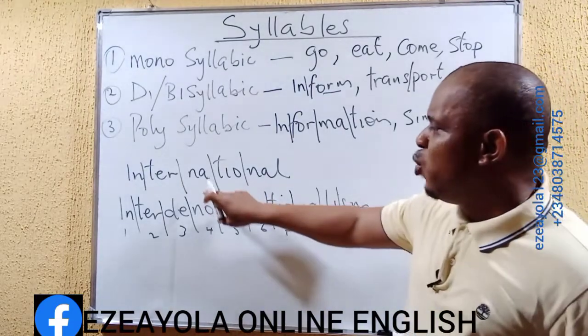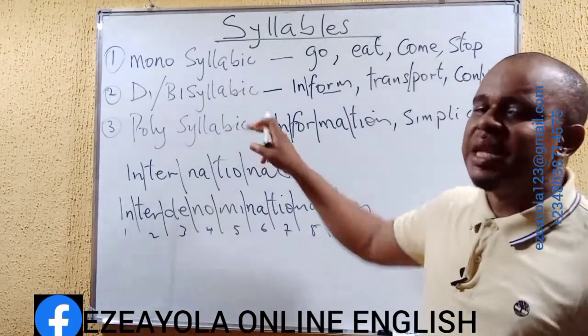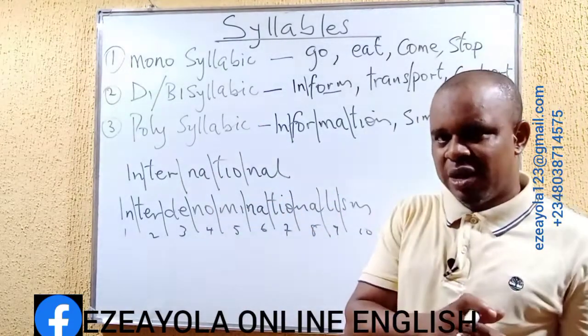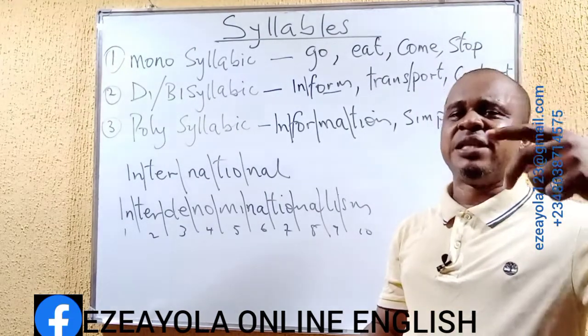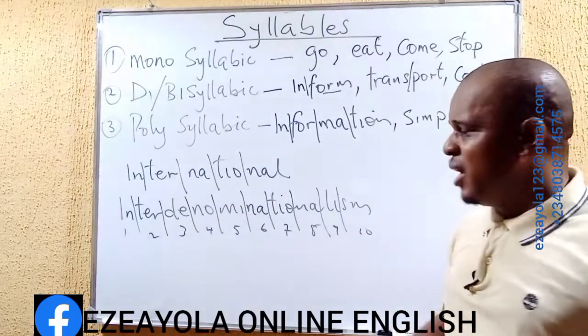So that's why we need to understand that the polysyllabic words involve words that have 3 syllables, 4 syllables, 5, 6, 7, 8, and whatever, okay?